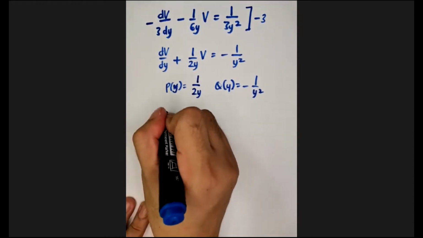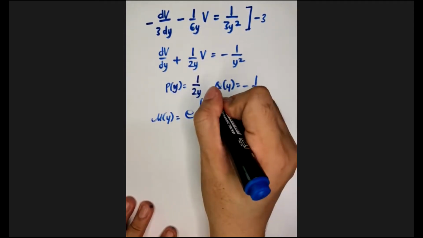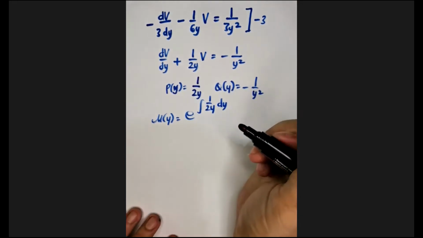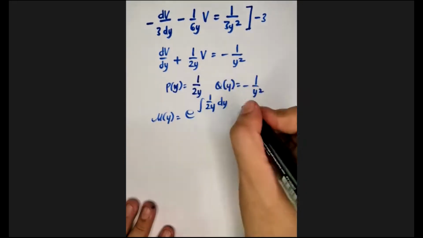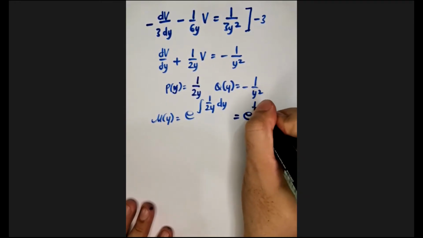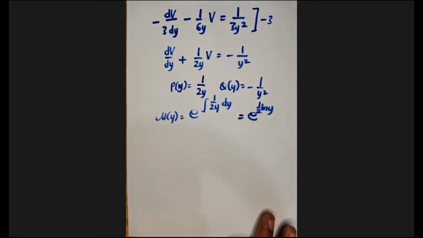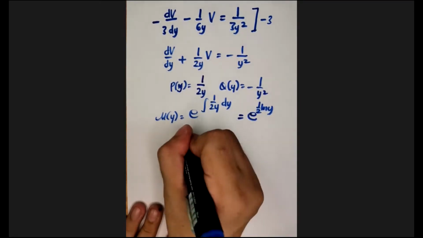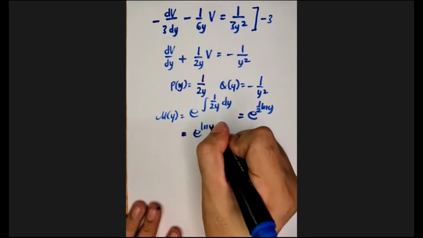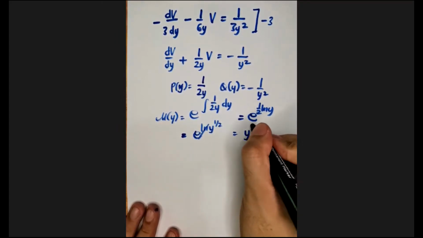Our integrating factor mu of y is e raised to the integral of 1 over 2y dy, which is e raised to 1/2 ln of y. So the answer is e raised to ln of y raised to 1/2, which is y raised to 1/2.